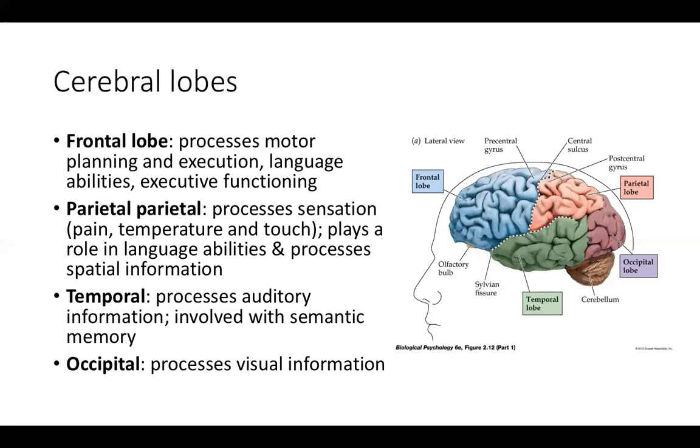The second, here in pink or salmon color, is the parietal lobe. Sorry for this typo, I just noticed it says parietal, it should say lobe, parietal lobe. And that area processes sensation, including pain, temperature, and touch, and plays a role in language abilities as well, and is also essential in processing spatial information.